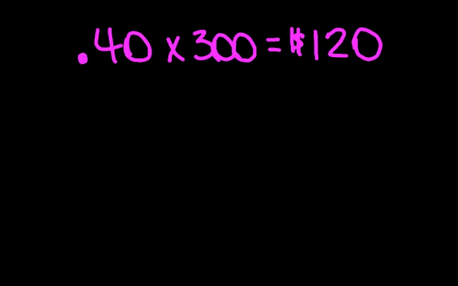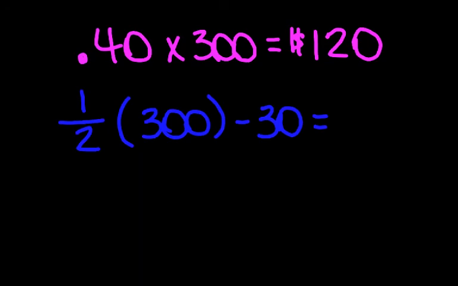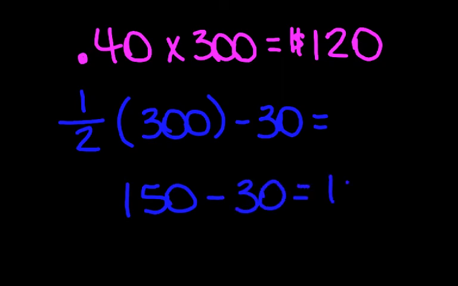Okay, if we go with the $300, we're going to find 40% of that first, which is $120. Then we're going to find half of the 300, which is 150, and decrease it by 30, which gives you 120. As you can see, those two are the same, therefore B is your answer.